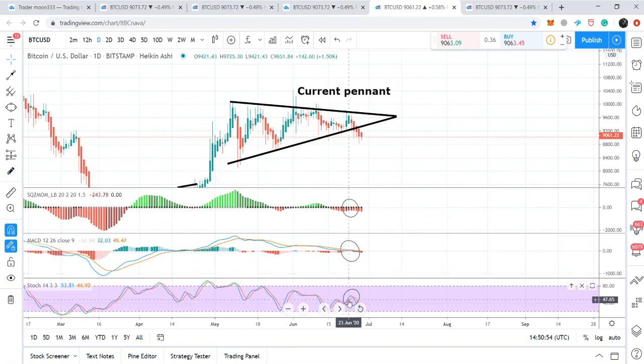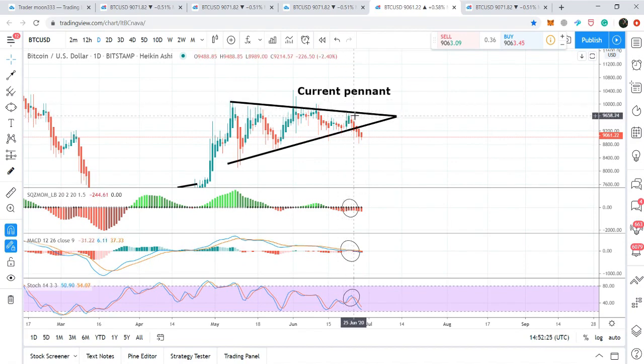We received a bull cross by the stochastic as well on 22nd of June, and on 22nd of June we also received the bullish signal by the momentum. You can see that it was really strong bearish, and it turned weak bearish from strong bearish, and the price action moved up to the resistance of this channel almost at $9,800.